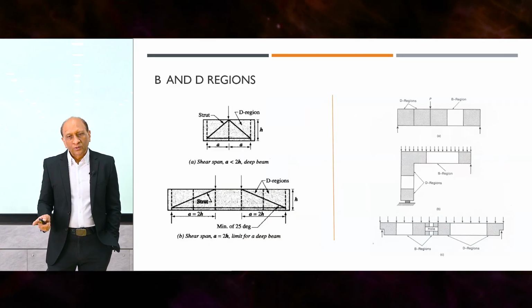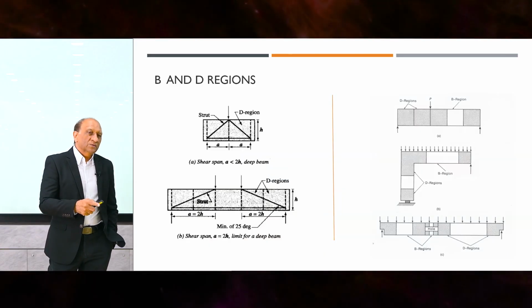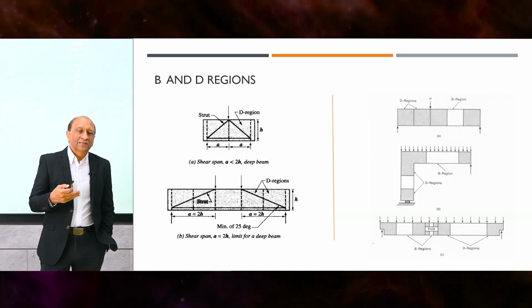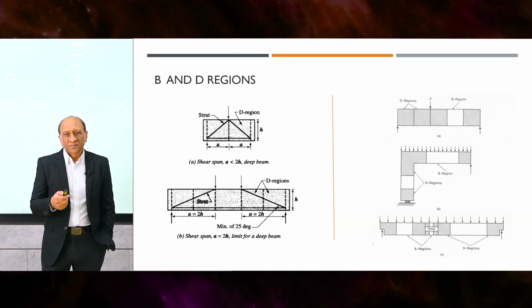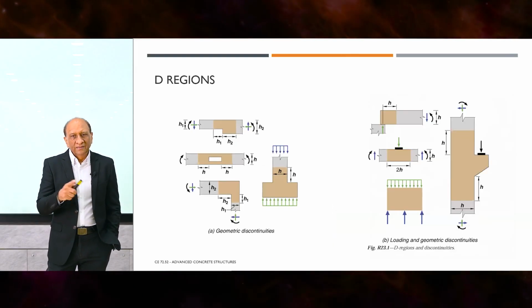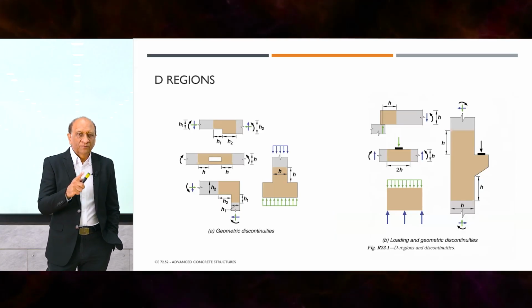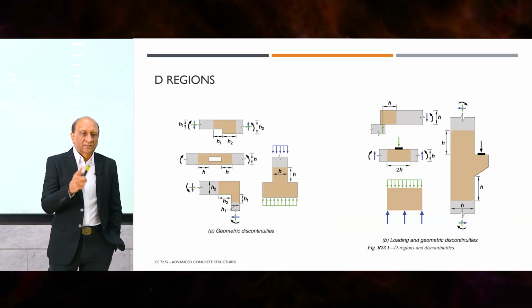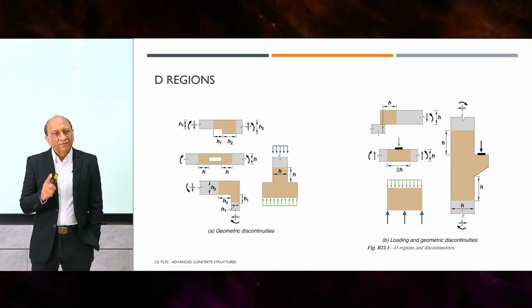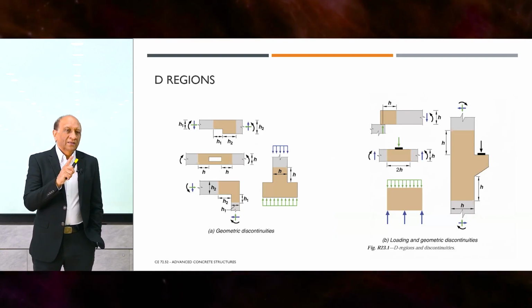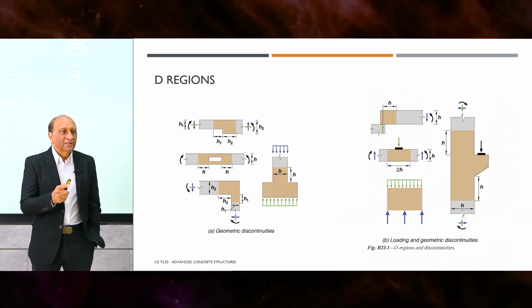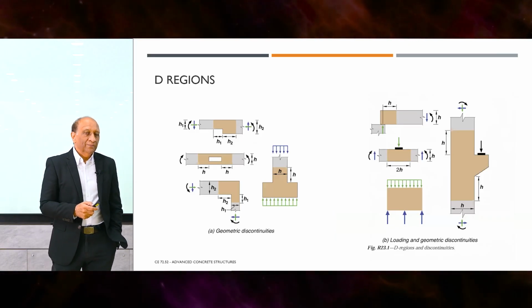In B region also you can use it, but it's more useful or more efficient, or, I would say, more prudent to use wherever you find a D region. Again, D regions are everywhere: in brackets, in footings, in supports, under the loads and the openings, every change in section. Wherever there is a discontinuity, there is a disturbance, you have a D region, and you have an opportunity to use the strut and tie approach.